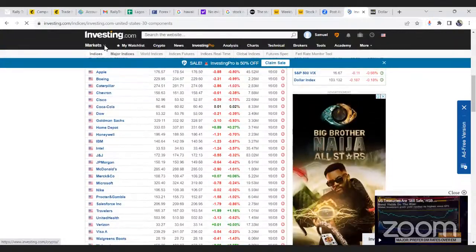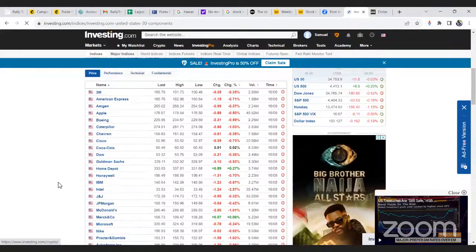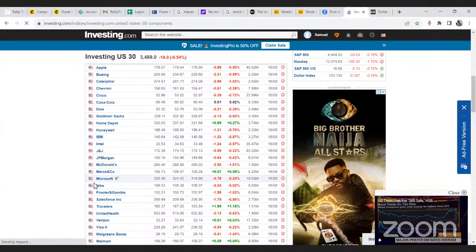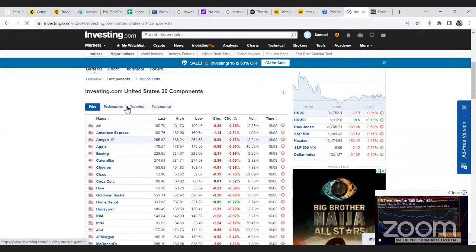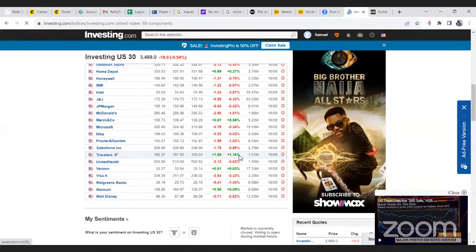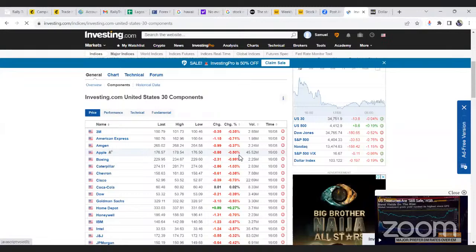These are the components of US 30. You can see that you have 3M, American Express, Amgen, Apple, Boeing, Caterpillar, Cisco, Coca-Cola, Goldman Sachs, IBM, JP Morgan, Microsoft. All these come together to form the movement of US 30. Now, you will notice that as it stands now, there's a majority of weakness in the stocks that make up US 30. Remember that these values change per time, okay?